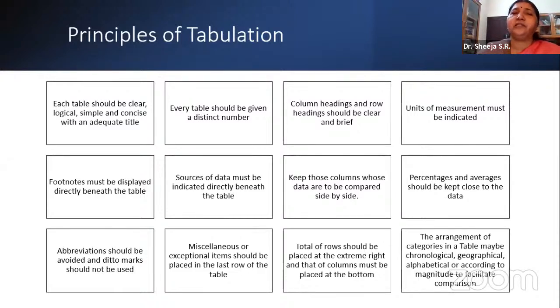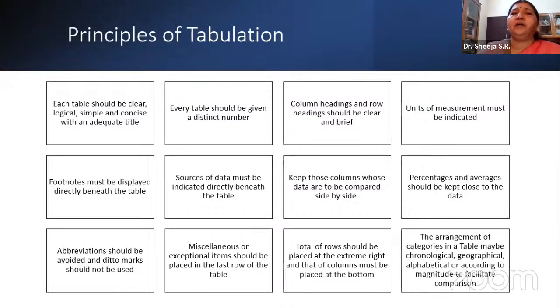And if you are writing a thesis, then you have to specify the title number also. From the title number, it's very clear that in which chapter you are using that table, 4.1. That means this is the first table in the 4th chapter.